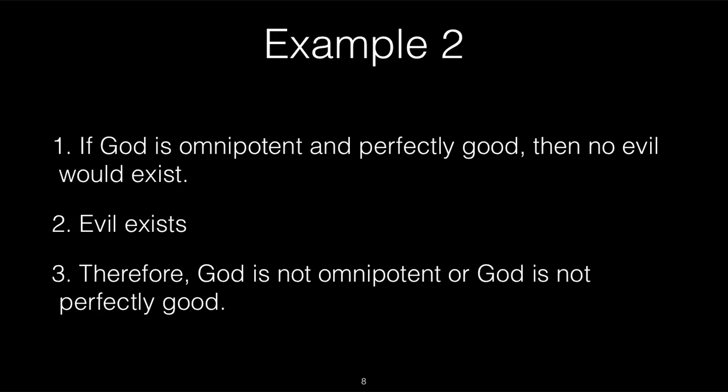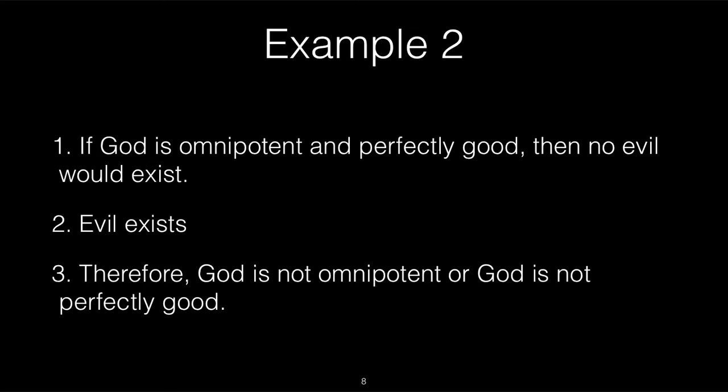So if it were true that God is omnipotent and perfectly good, then there wouldn't be any evil. After all, if God is all-powerful, then God has the power to get rid of evil. And if God is perfectly good, then presumably a perfectly good being would want to get rid of bad things, evil. So if we assume that's true, and if we assume that evil exists, then it seems the only thing that follows is that God is either not omnipotent or God is not perfectly good.